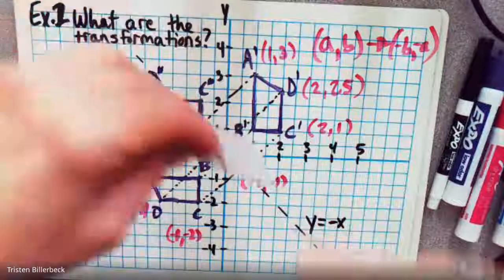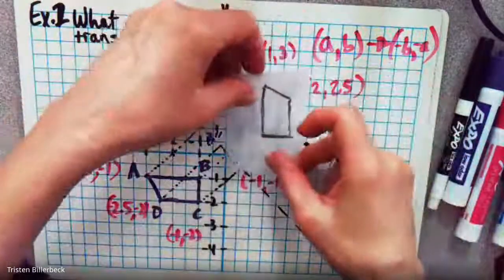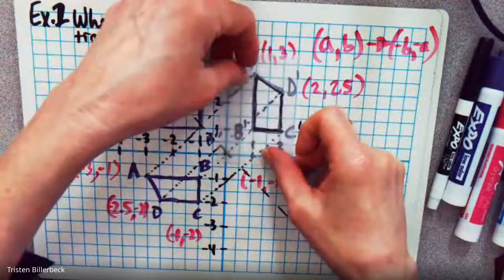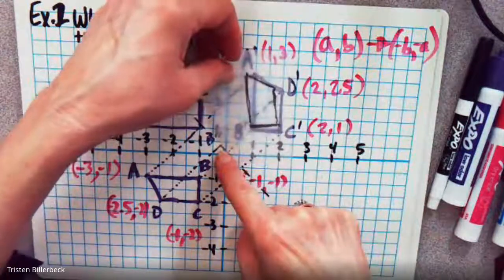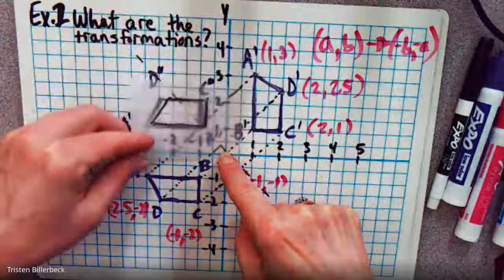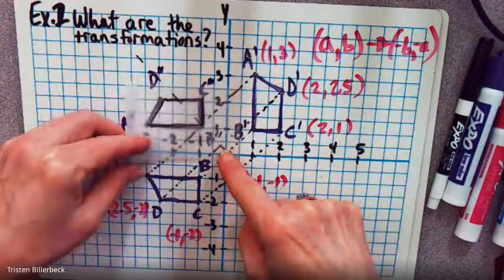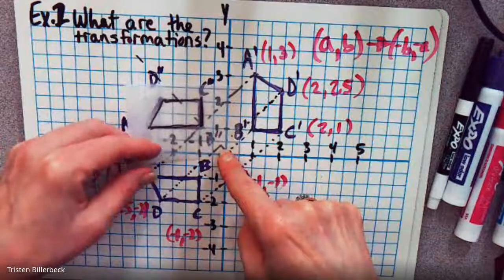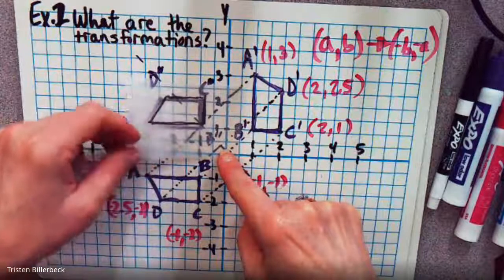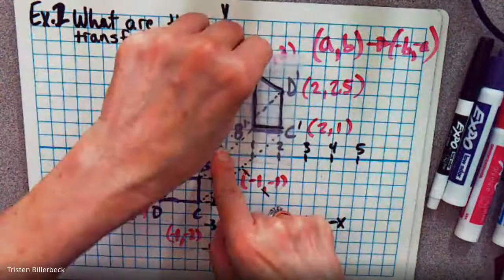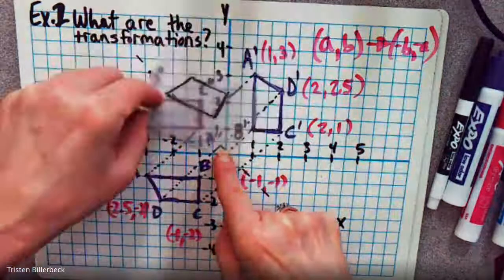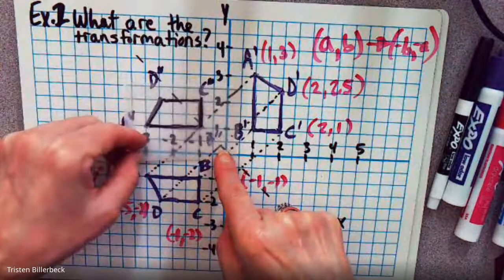And we get our handy little paper here. And we see, oh, look at this. If I put that on the origin, look, that's a rotation. Isn't tissue paper awesome? You should all get wax paper at home when you're doing this and try it. Wax paper works really well.